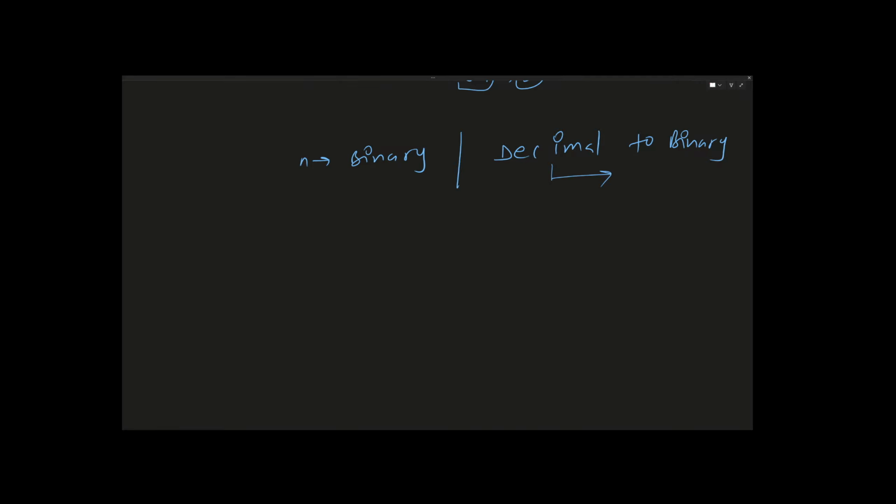For that, firstly you take a storage for 0 and 1, because in binary form there is only 0 and 1. For storage, you can take a string, or a list in Java, or a vector in C++. Then you run a while loop.